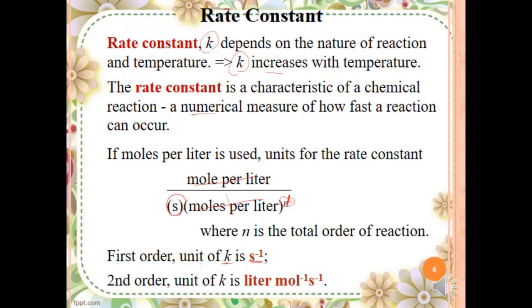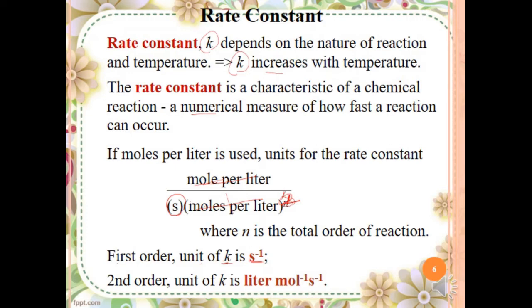Note that for kinetics, the rate constant will have a unit. Not only the rate law or concentration, but the constant will also have a unit. Now if second order, this n value is 2, so we can cancel this, leaving behind 1 here.